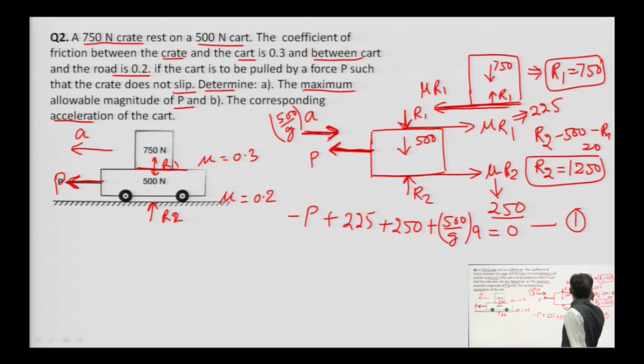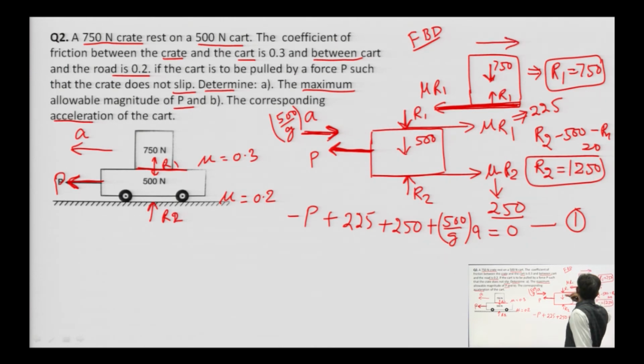I think in the FBD of this block, the inertia force should also act, since this one force is going to balance this, and this one force will be balanced by the inertia force.